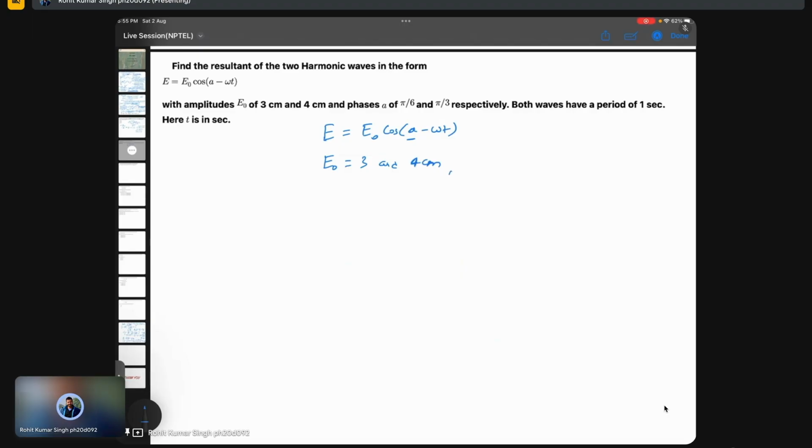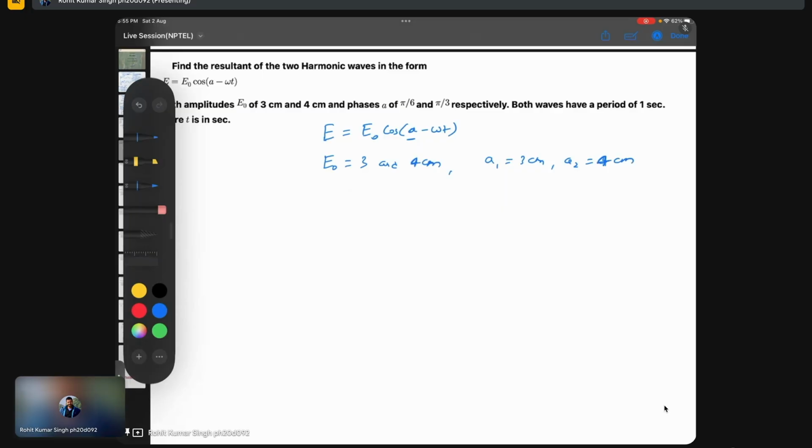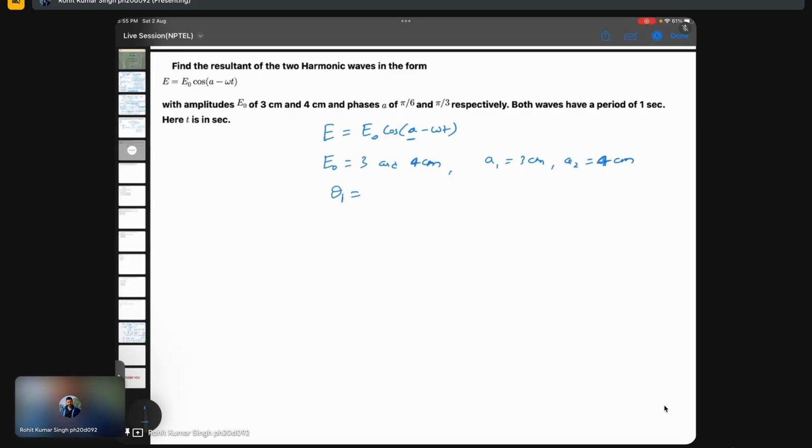So basically A1 is 3 centimeter, A2 is 4 centimeter, and the phases are given: theta 1 is pi by 6 and theta 2 is pi by 3. You have to find the resultant, basically what E naught and a are.